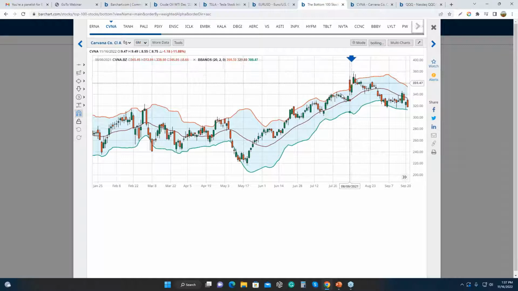So that's telling us volatility is really high, and there's a high probability that price has traveled too far. It's a little overextended, and there's a probability that price is going to revert back to the mean, which it did. But here I'm in a daily time frame, 6-month daily time frame.